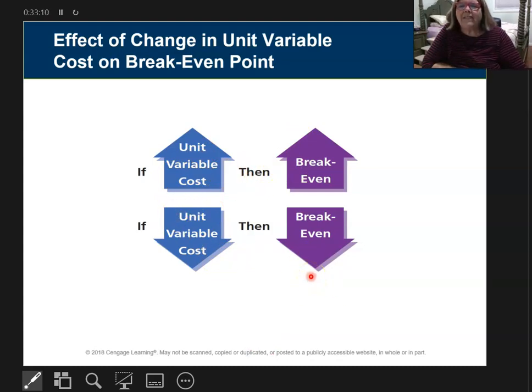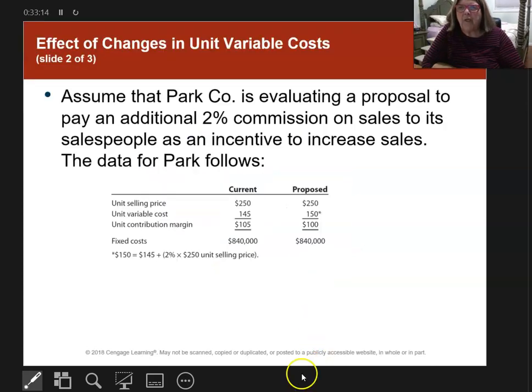Let me show you an example of this effect of change. Okay, Park Company is looking at a proposal to pay an additional 2% commission on sales to its salespeople as an incentive. So here's my current information. Right now, 250 is my selling price, 145 is my variable cost.